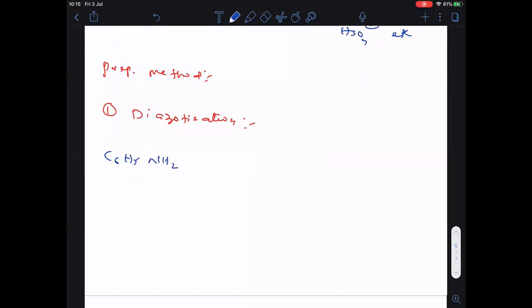C6H5NH2, aniline. So this aniline, when treated with NaNO2 plus HCl, then here we will get C6H5N2 plus Cl minus. Okay, this is called as the benzene diazonium chloride.